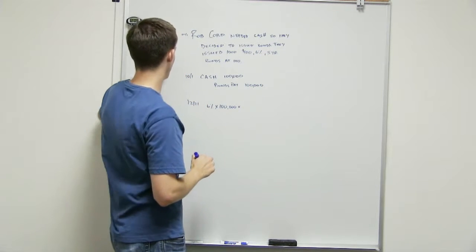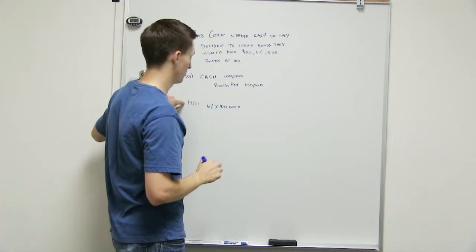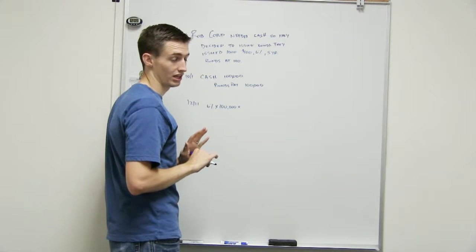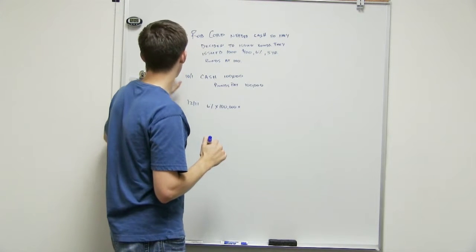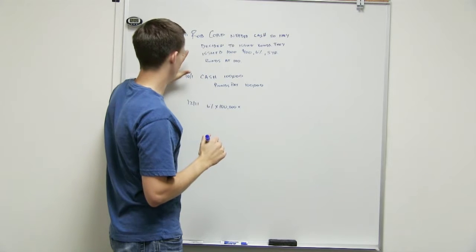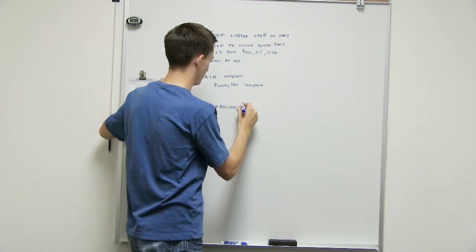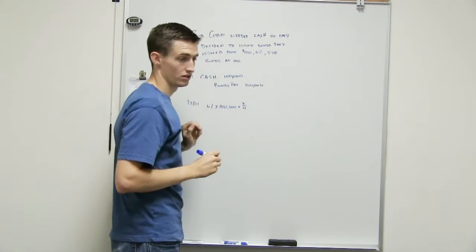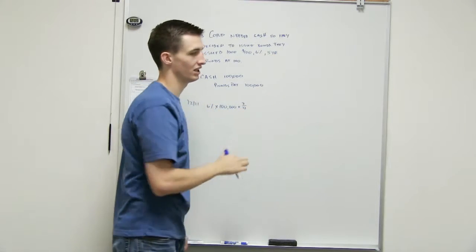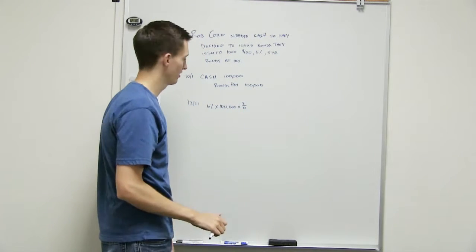No, because remember, we're looking at the dates. 10-1 to 12-31 is the same as a note, so it's 3 months, 3/12. The 5 years just tells me in 5 years I'm going to pay it all back, so I don't have to worry about that.